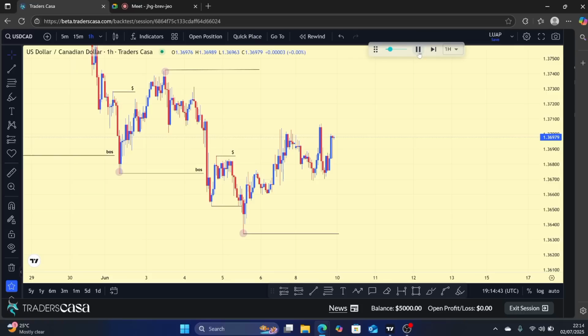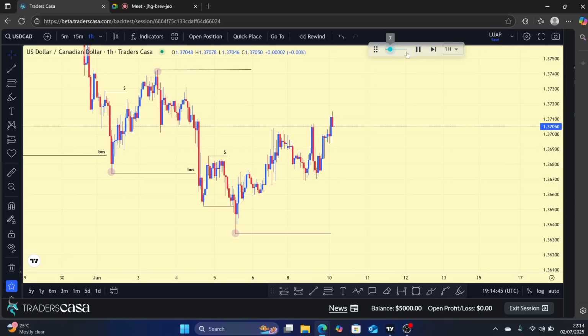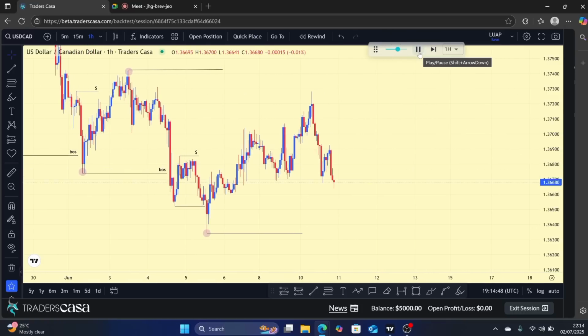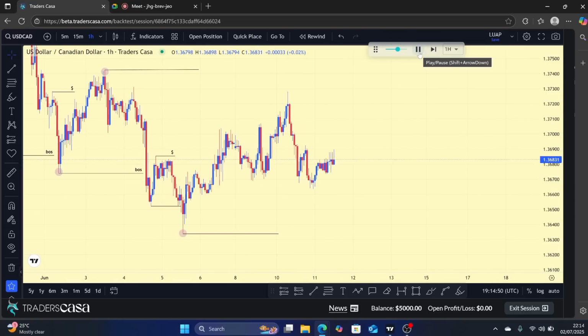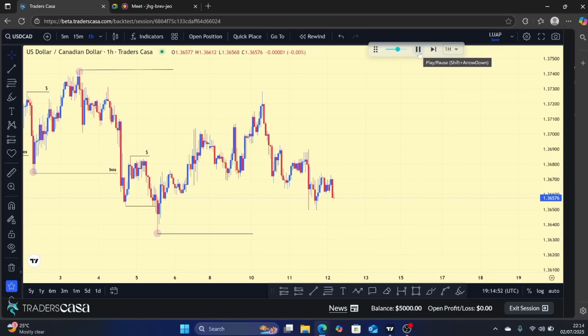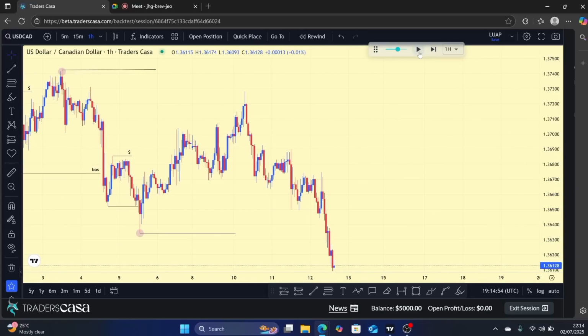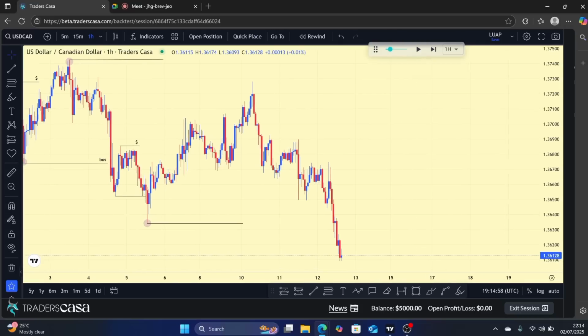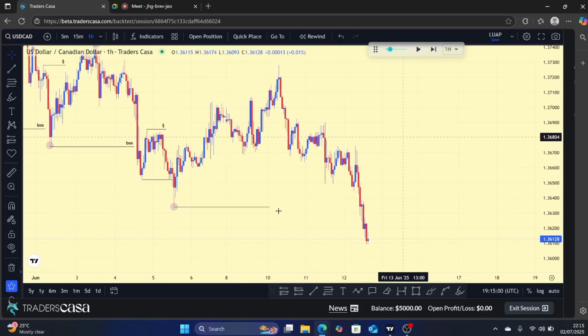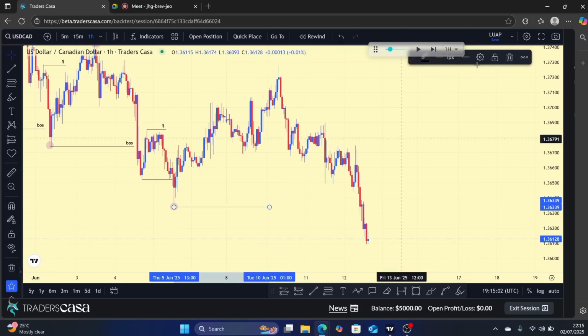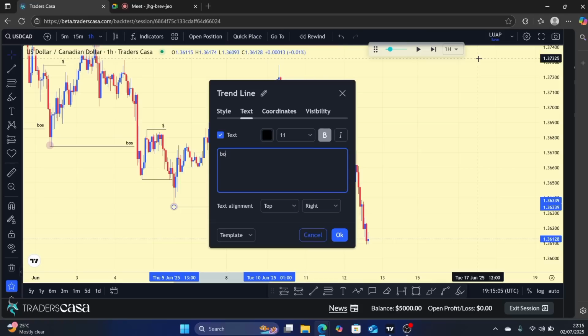Price is now doing its thing inside the trading range, and then we'll be expecting price to break below our swing point and confirm the bearish break of structure. So exactly right there, price has broken past the swing point, so this one here is now a confirmed break of structure to the downside.